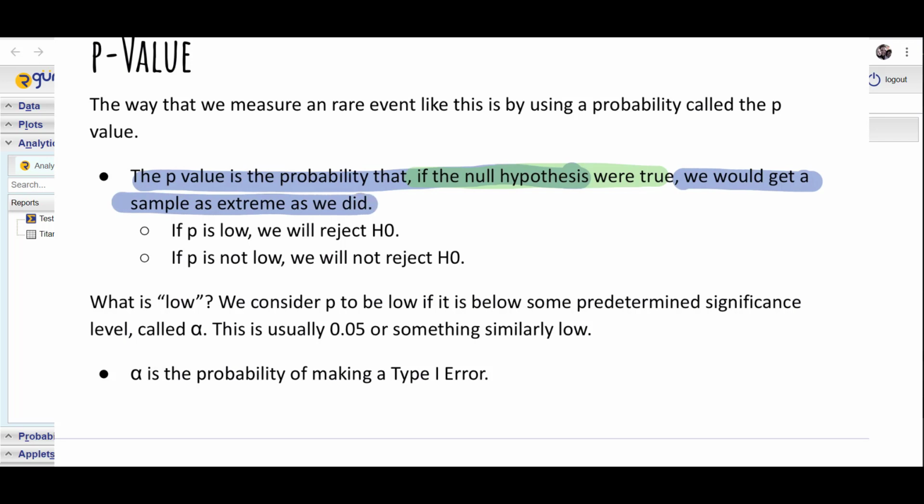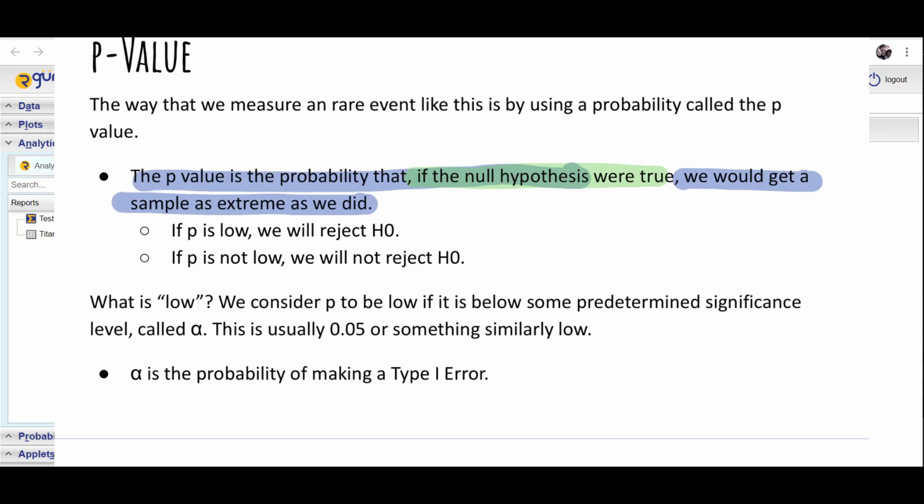So assuming the null is true, what's the probability that you would get your sample mean or your sample proportion? If that probability is low, then our assumption must be false, so we reject the null. And if the p-value is not low, it's likely to happen, so we can't reject the null. We can't assume that it's false.